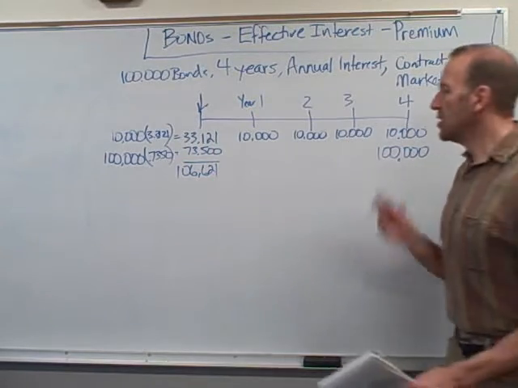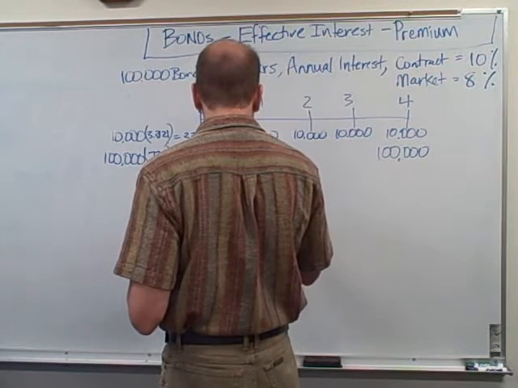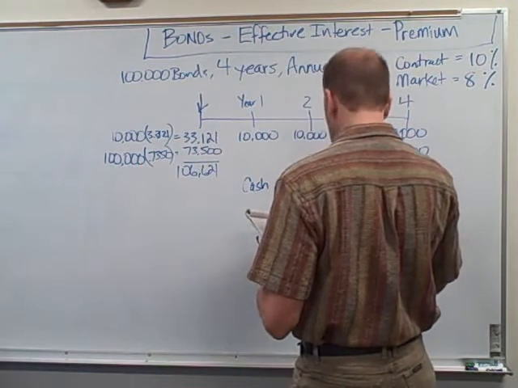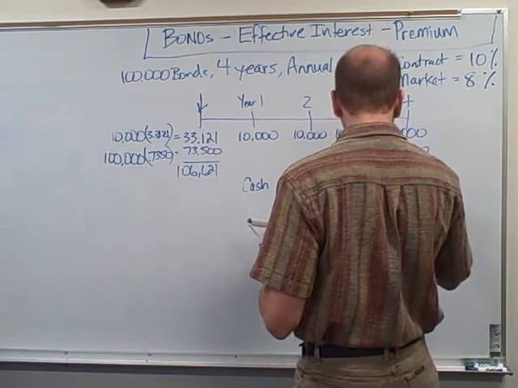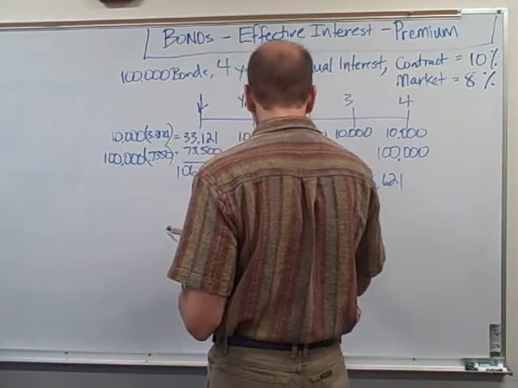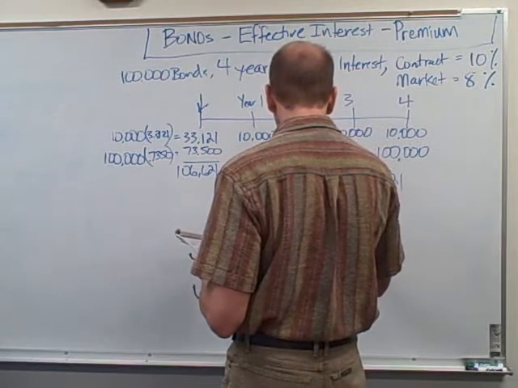as we calculate interest, which we're going to see in just a second. All right. So anyway, our original journal entry is going to be cash coming in for the corporation. Cash coming in of 106,621, and then premium on the bonds payable.